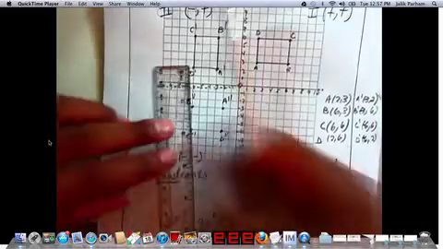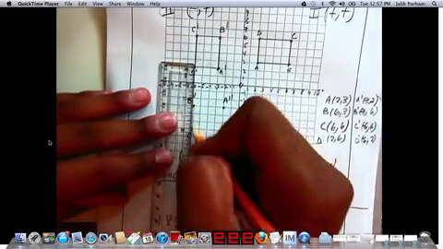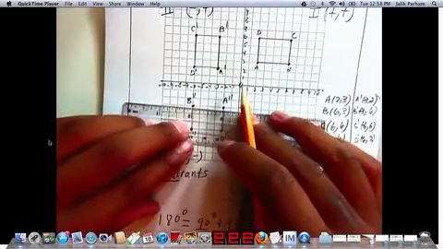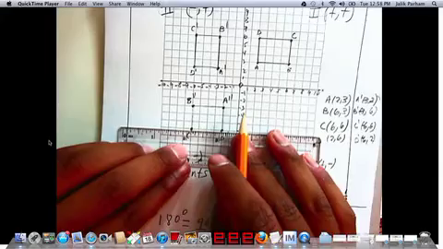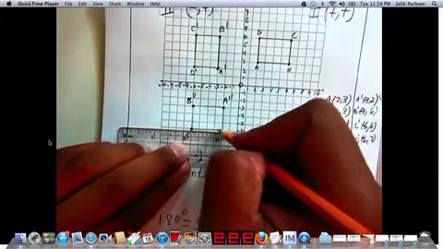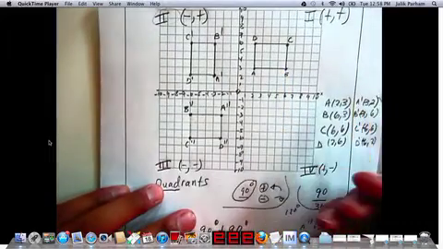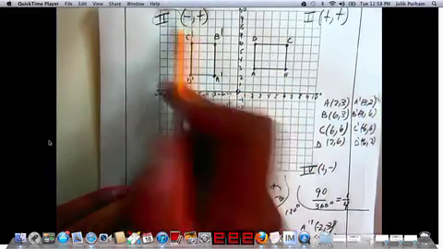Finally, take your straight edge, connect the points, and we have just rotated 180 degrees. So again, just to recap, a 90-degree rotation, just switch the coordinates and match up the signs.